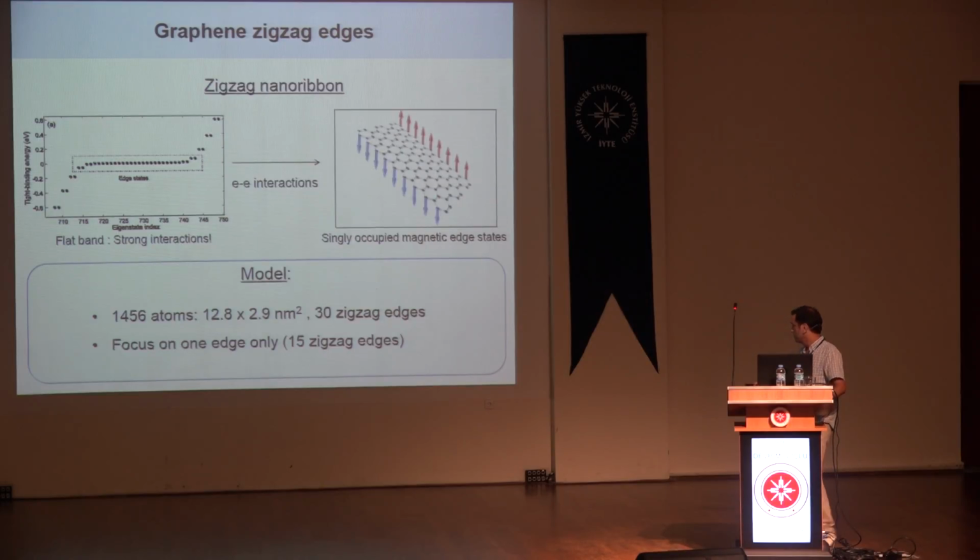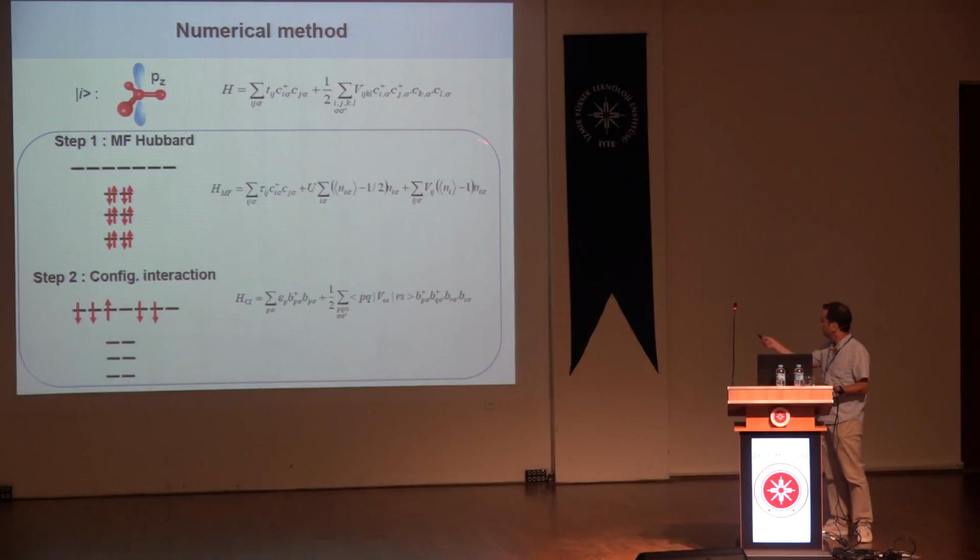Of course, now what we want to do is to solve the many-body Hamiltonian. With more than 1,000 electrons, this is impossible to do. So we approach this problem in two steps. In the first step, I'm going to remove all the electrons lying on the edge states. The remaining valence electrons can be regarded as weakly interacting, so we can solve the mean field Hamiltonian for this one.